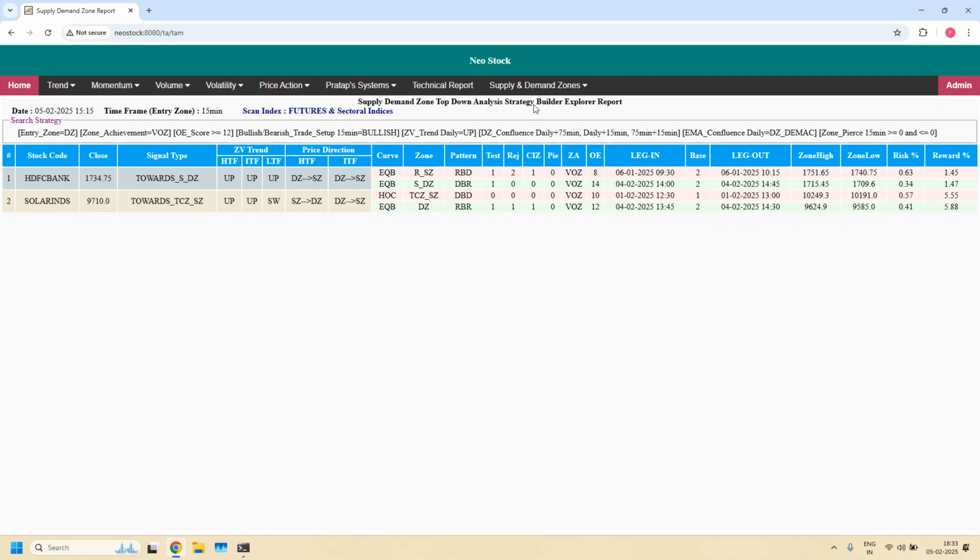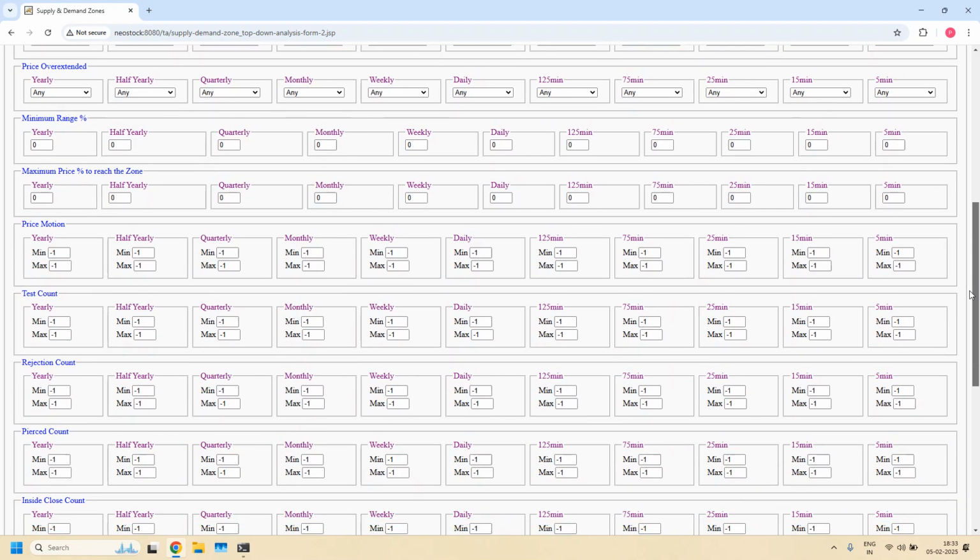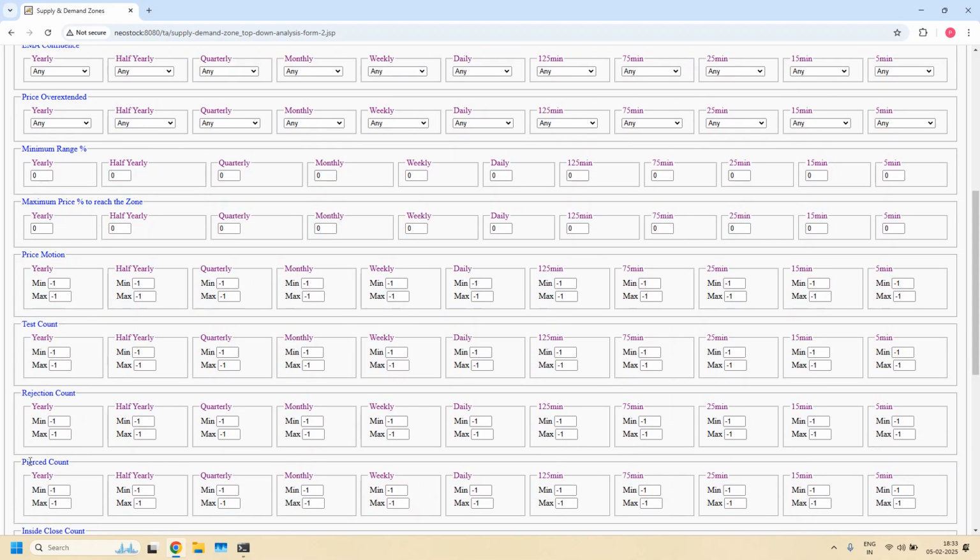Next, bearish trade setup, daily income trade. Entry time frame is 15 minutes. Entry zone is supply zone. In bullish or bearish trade setup at 15 minutes time frame, I am selecting bearish. And for the 15 minute supply zone, we should set three filters. First filter, 15 minute supply zone should not be pierced.